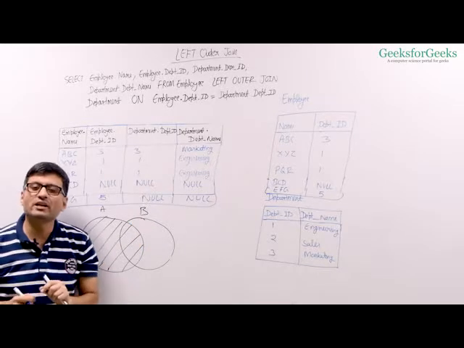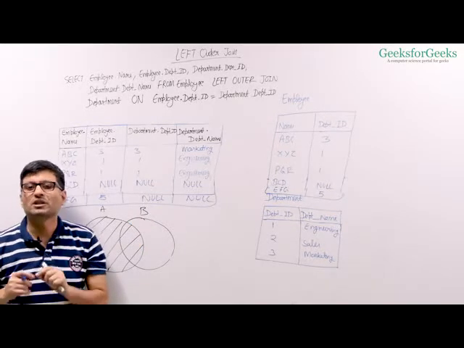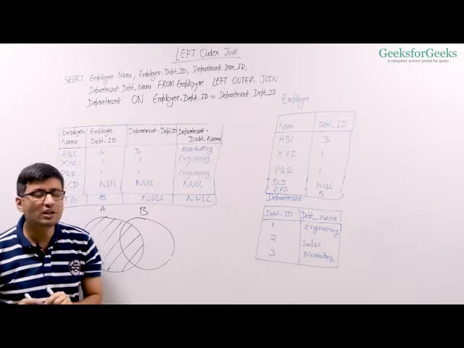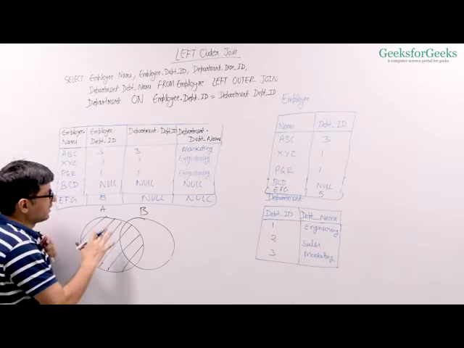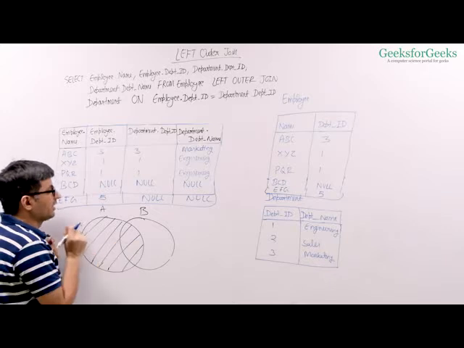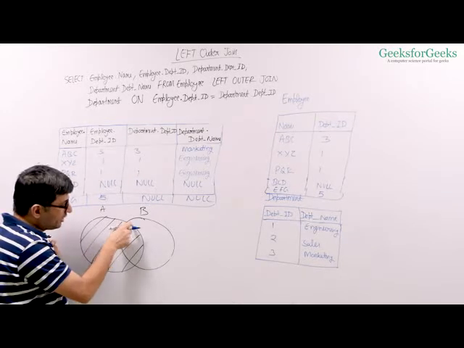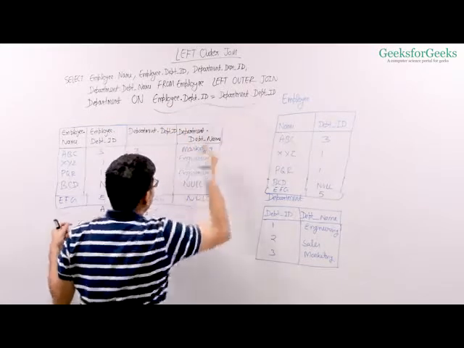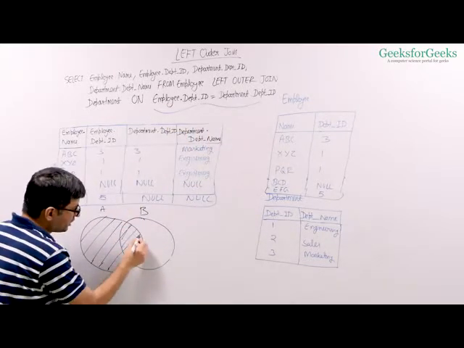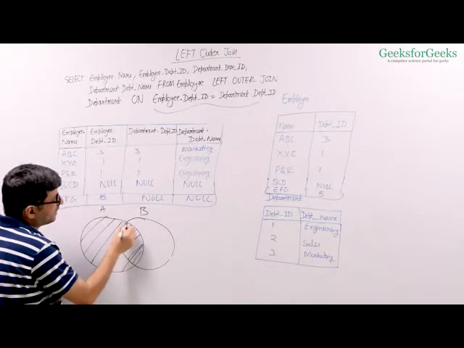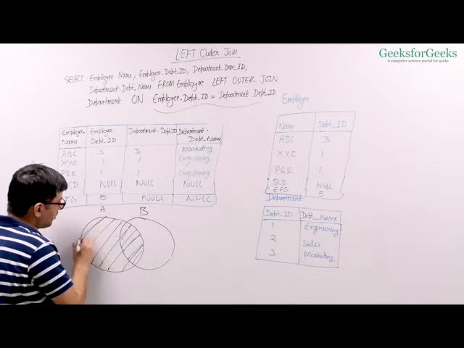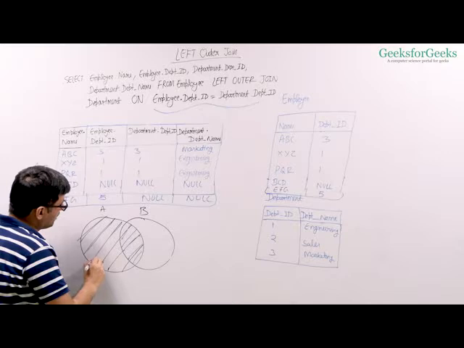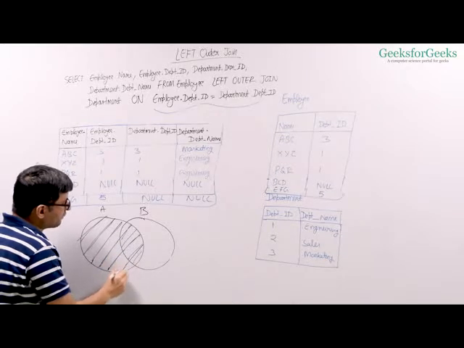If we understand left outer join with the help of a Venn diagram, we can say that you have two tables and you print all the rows which follow the given constraint. So all these rows follow the given constraint. Together with these rows, you also print all the rows of table A which do not even follow the constraint.